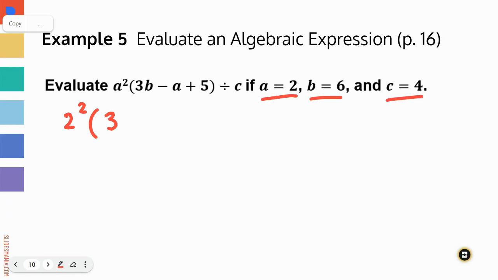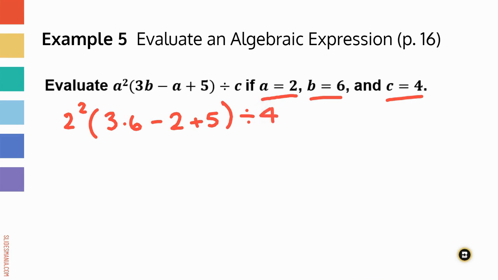Now remember, anytime you see a 3 in front of a variable, that is multiplication. So we're going to do 3 times b, which is 6. So times 6 minus a is 2, plus 5, and then divided by c, which is 4. Okay, so this first step was just substitution.